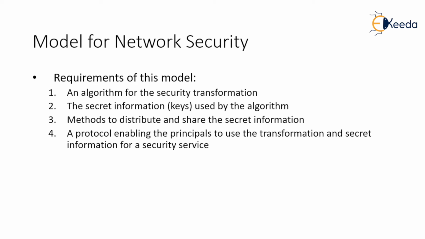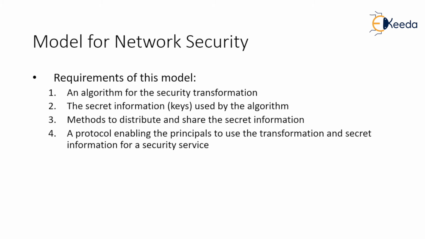It needs a secret key, which is considered here as the secret information used by an algorithm, and that secret key should be shared amongst both the parties. Both parties should be aware of that secret key, and both should use it to encrypt and decrypt the message at their own ends.